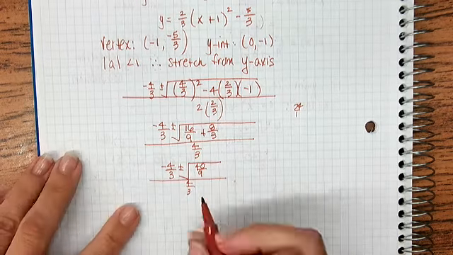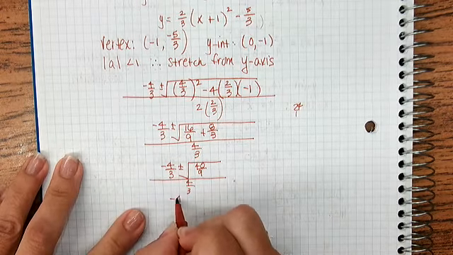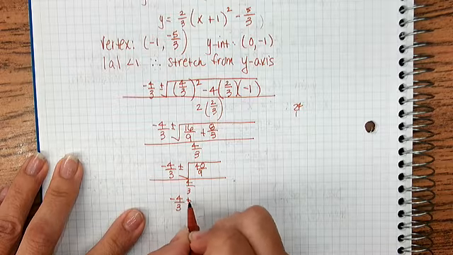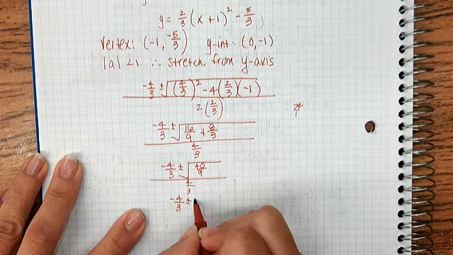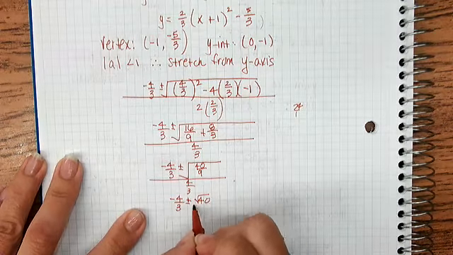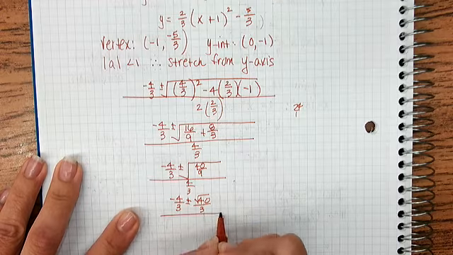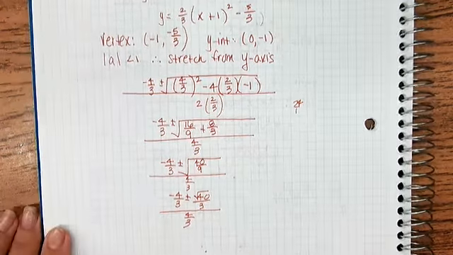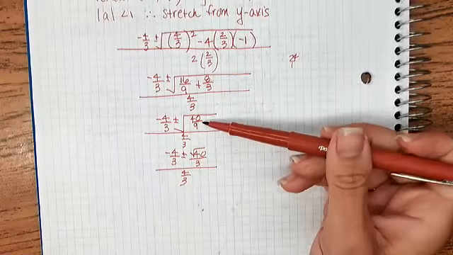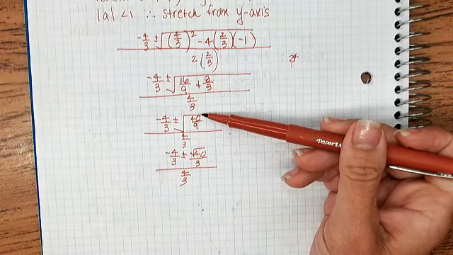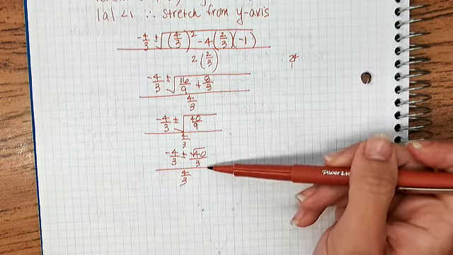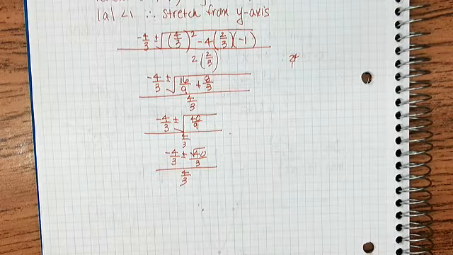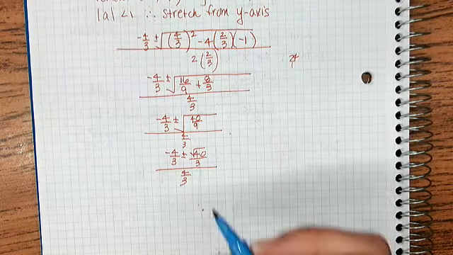Okay. Well, this is now -4/3 plus or minus the square root of 40 over 9, all over 4/3. Square root of 9, square root the numerator, square root the denominator. Well, this is fantabulous. They all divide by 3.